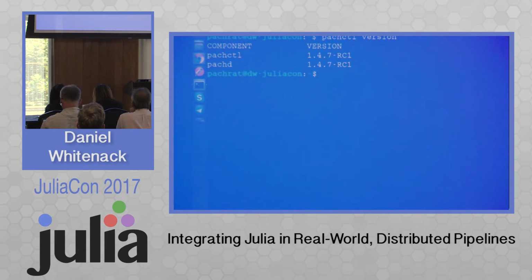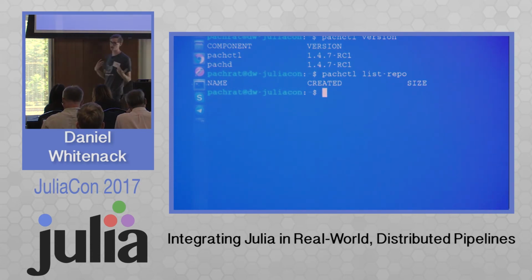Any input or output data is a data repository in Pachyderm. Currently, if we run pachctl list repo, you should see something like this. It just means we don't have any data repos yet. We don't have any of these versioned collections of data on our cluster because we haven't created any yet.